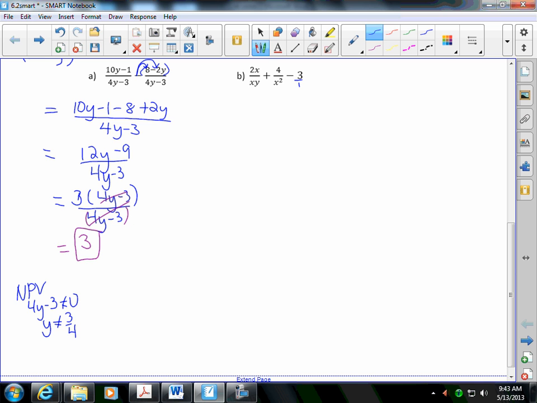Negative 3 is the same as negative 3 over 1. No, I can't factor anything, and there will be some that you need to factor first. This one you don't. So if I'm looking at my lowest common denominator, this one had an xy, this one had an x squared, so that's like x and x. And then the other one just had a 1, so I don't even need to include that one for right now.